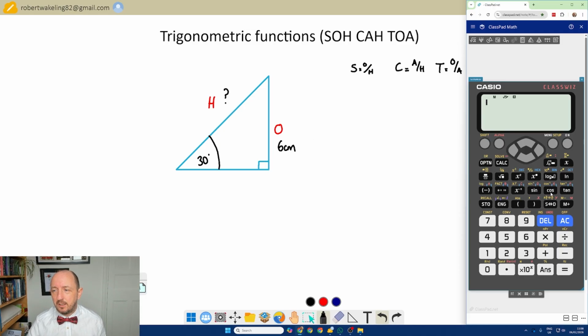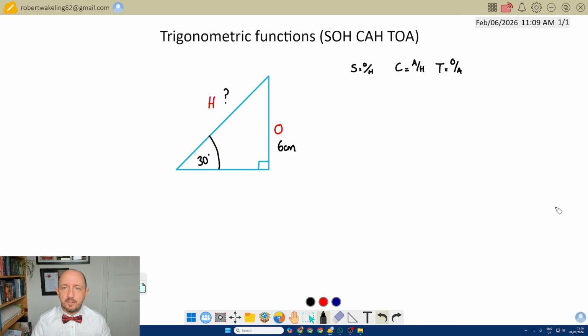When I press one of those buttons, they always have brackets. The calculator will open the brackets for us. And since we've decided it's this one because it's O and H, it's sine, so we write sin brackets.